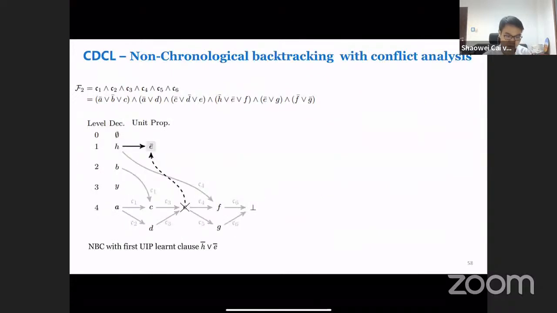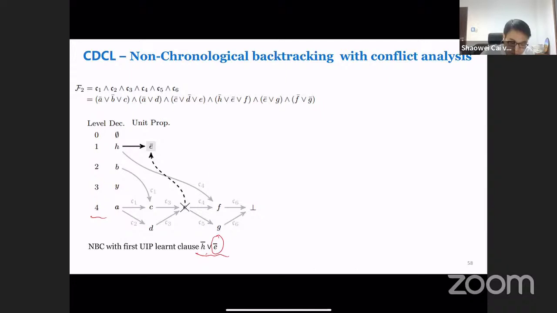After we get the learned clause, we need to decide which level to backtrack to. Now we continue with this learned clause, no H and no E. Which level to backtrack to? The current level is decision level 4. In this learned clause, we have exactly one literal in the current level, this no E literal.